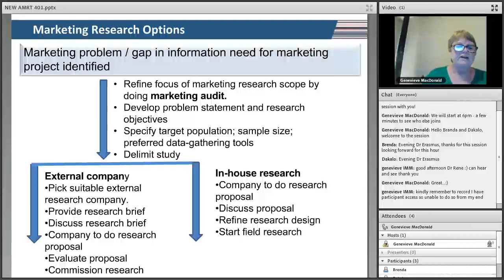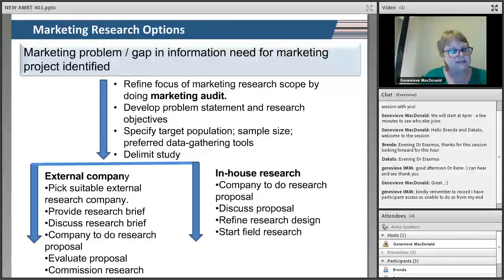So when you pick an external company, you have to pick an appropriate one. You have to provide a research brief. And the research brief is actually all this on top: the marketing problem, the marketing audit, problem statement, and ideas on the design, etc., what is included, excluded.